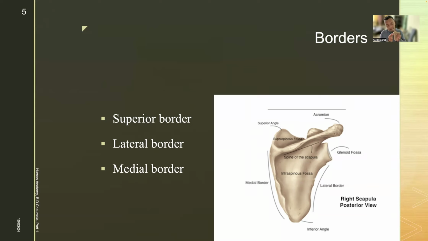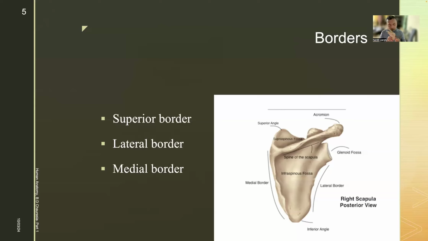In the upper end of the lateral border, you will get an infraglenoid tubercle. यहाँ पे आपको infraglenoid tubercle मिलता है, जहाँ से long head of triceps originate होता है. The triceps muscle जो आपका back of the arm muscle होता है, कई बार जिम में हम लोग उसकी special exercise करते हैं. So that is attached over here.